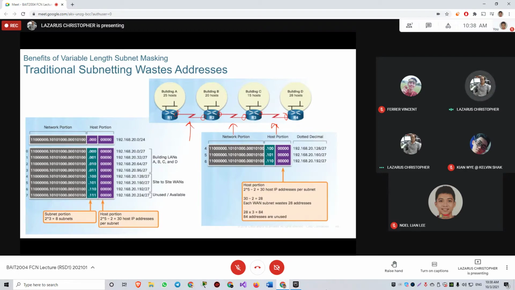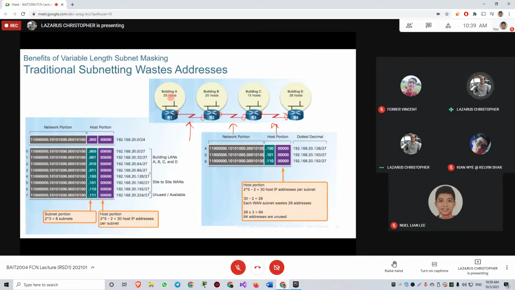That means each subnet will have, you borrow 3 bits, you have left, this is /24, 5 bits, so 2 power 5: 2 times 2 is 4, 4 times 2 is 8, times 2 is 16, 32. 32 minus 2 is 30 hosts. Yes, it can cover 30, 30, 30, 30. But here, 30 minus 2, I'm wasting 28 addresses in between the buildings.